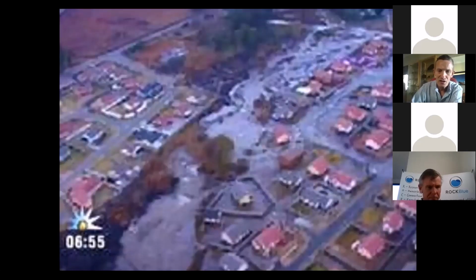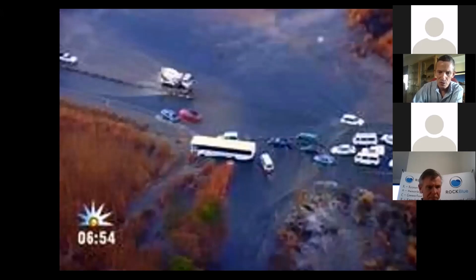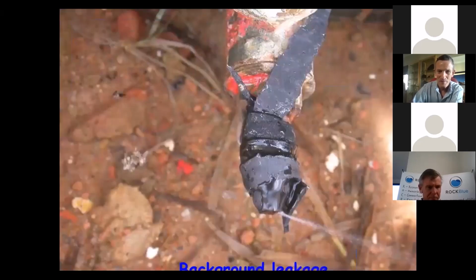Sometimes they can cause enormous damage. This was a suburb in Johannesburg that was inundated when a large mains burst occurred a number of years ago, and it flooded the whole township. It basically washed cars off roads and was headline news for a couple of days.